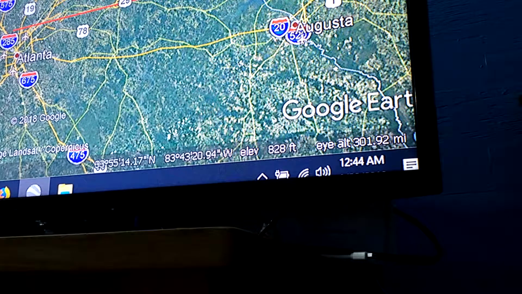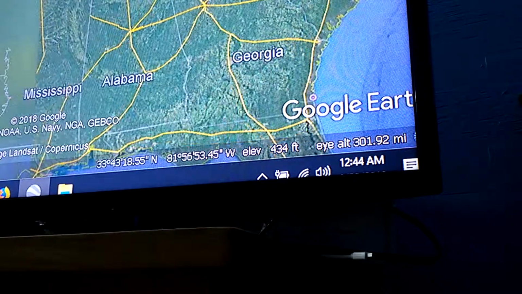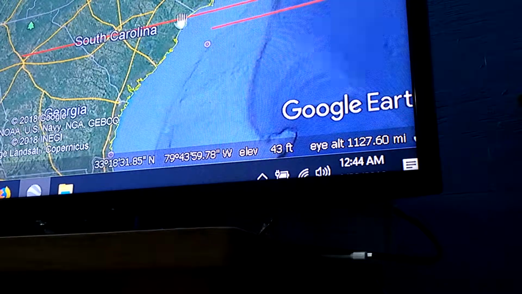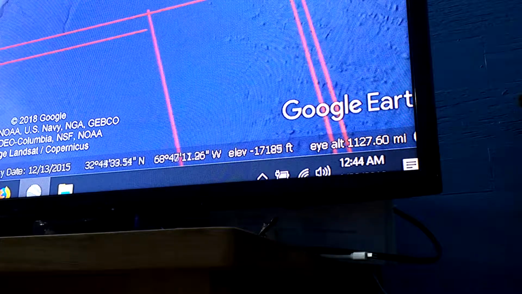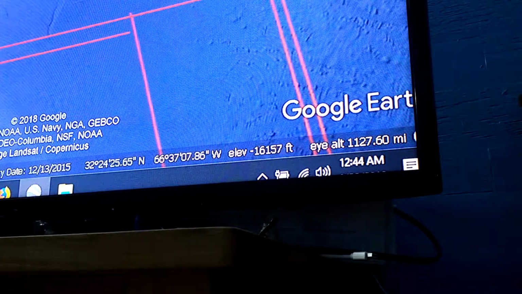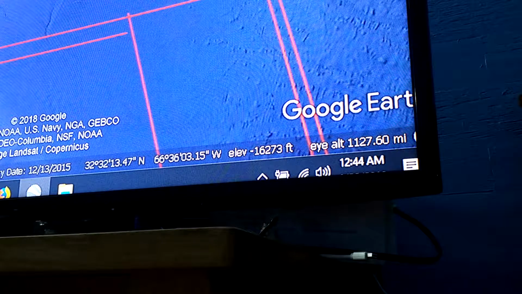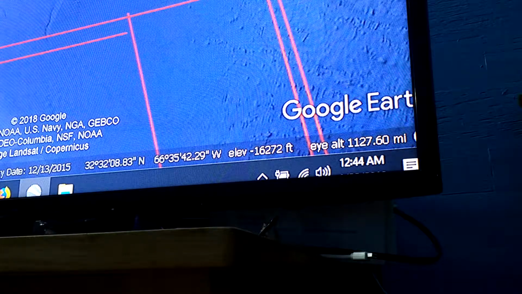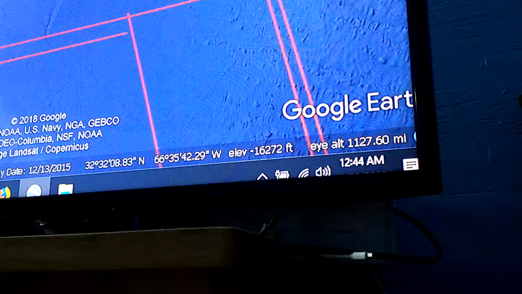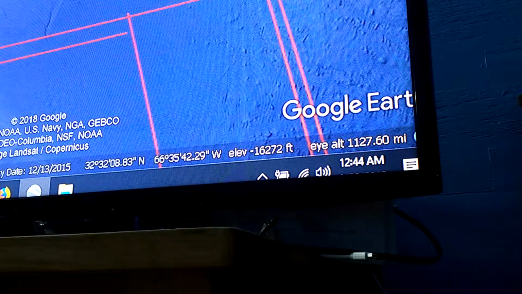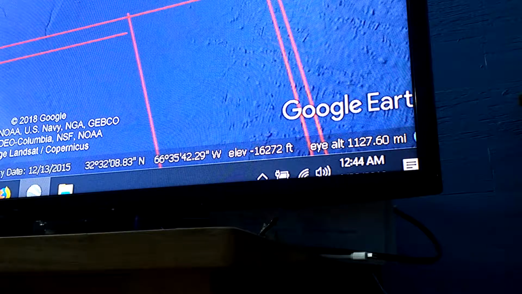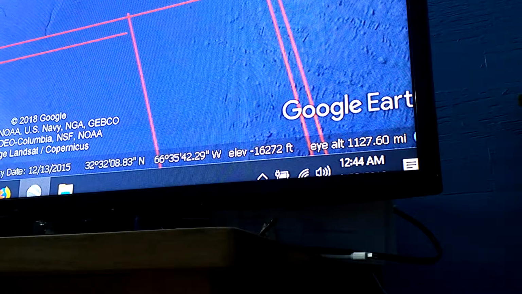So let's follow this line out to nearly Bermuda, and you'll see that you've got a depth of about 16,000 feet plus Atlanta above sea level, so 17,000 feet.